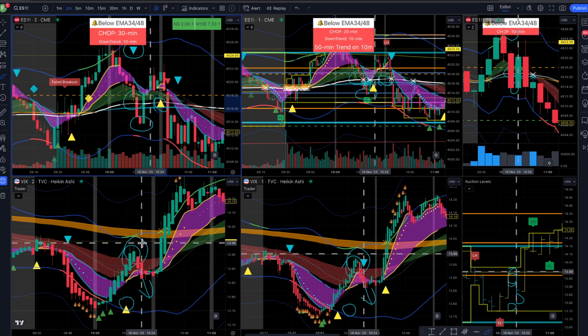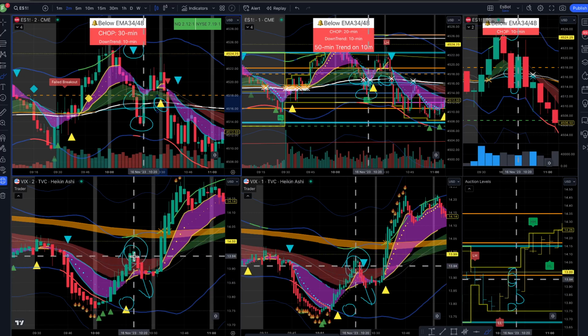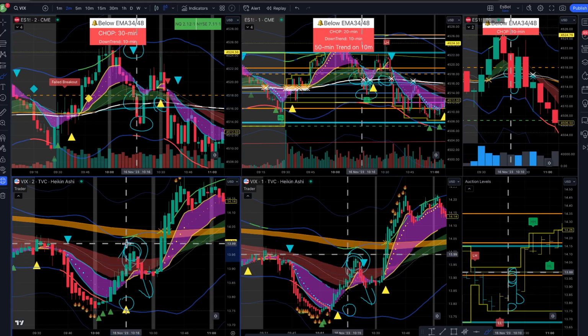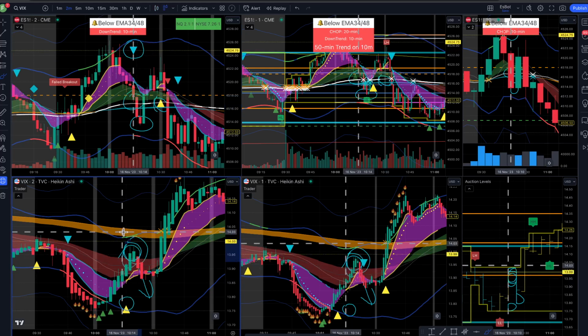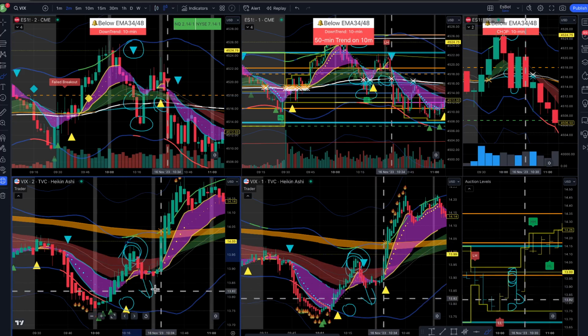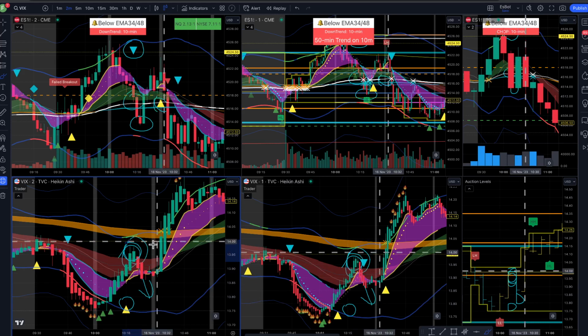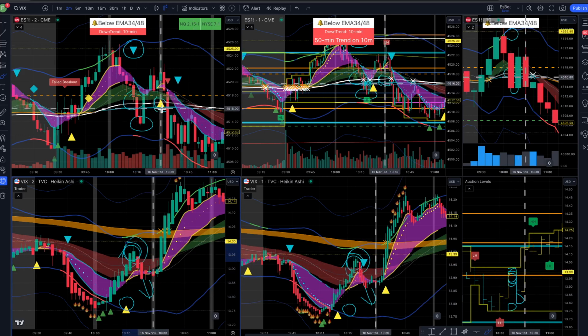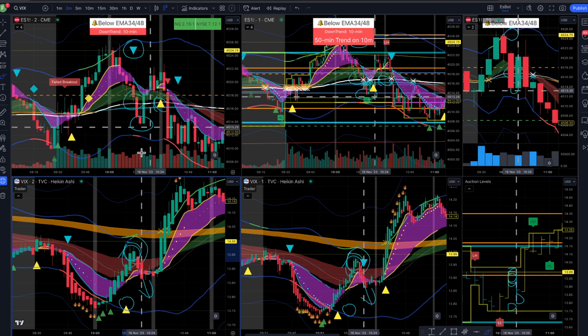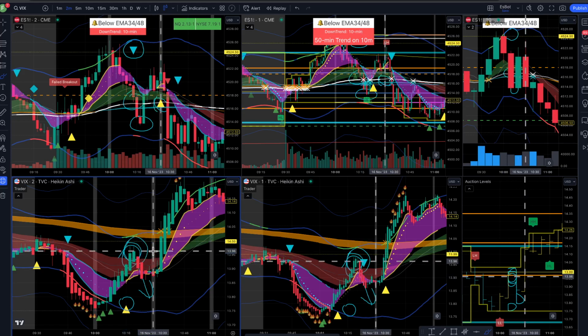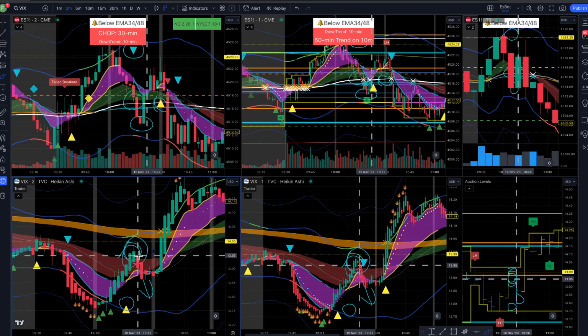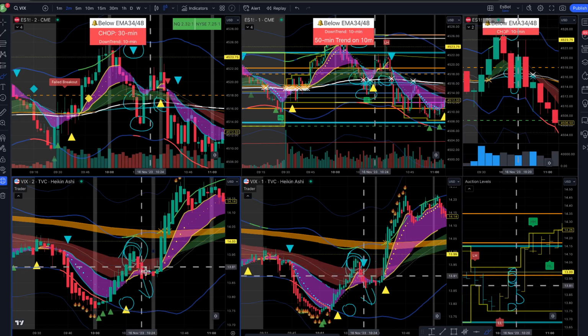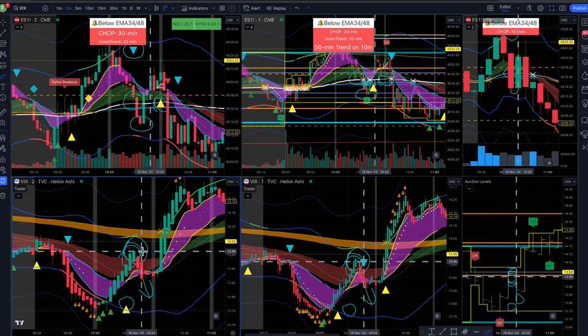You couldn't call this a rejection because this is too quick. We at least want to see it come back and retest it before we can really call it a rejection. So this is a dangerous trade to get into because we still do not have a decision by VIX on the 48. Can you guys see that?